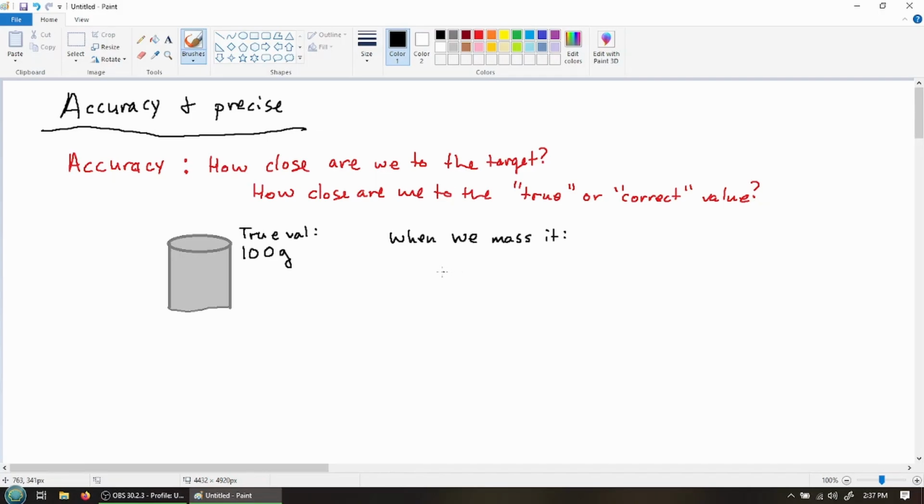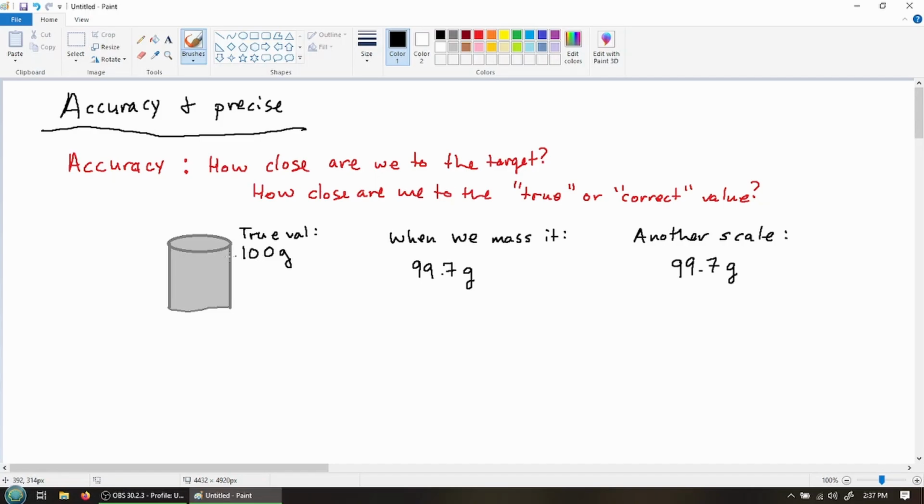So when we mass it, what we see is 99.7 grams. And then we mass it on another scale. And let's say we also get 99.7 grams, right? What we might talk about here is, well, what's the true value supposed to be?